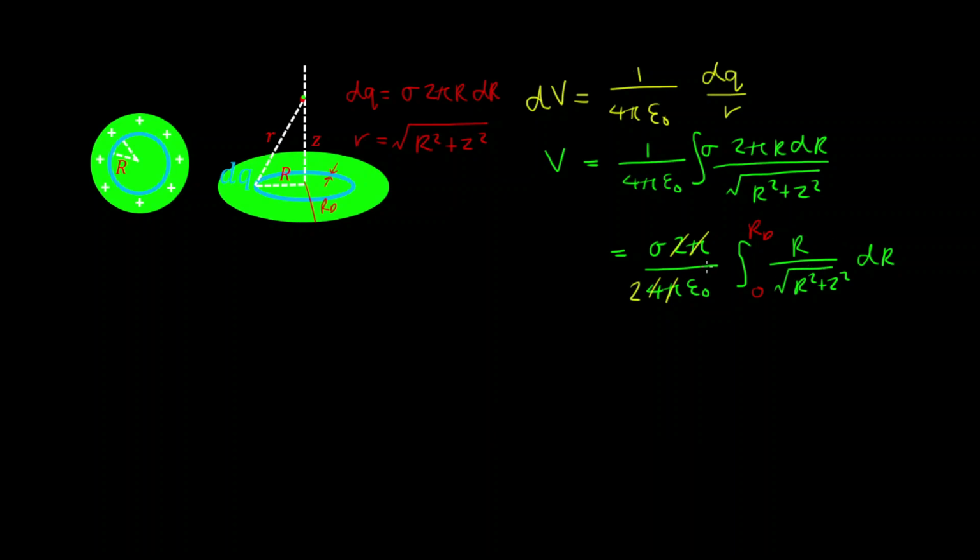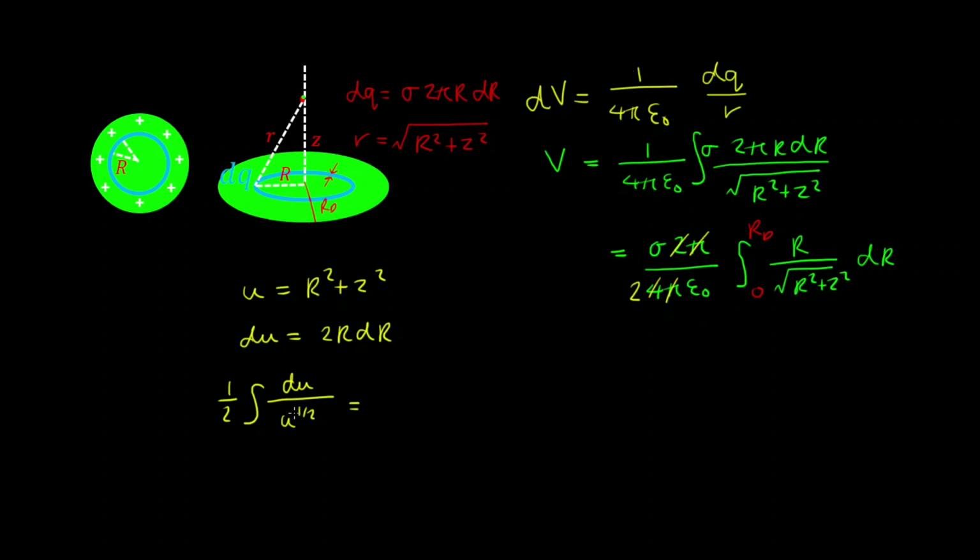Now using u substitution, we can evaluate this integral. So we let u equals r squared plus z squared, and therefore du is equal to 2r dr. And now we can write this integral as du on 2, over the square root of u, or u to the 1/2.